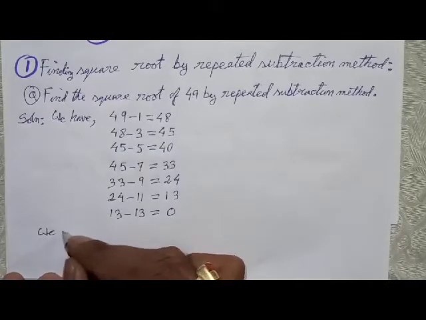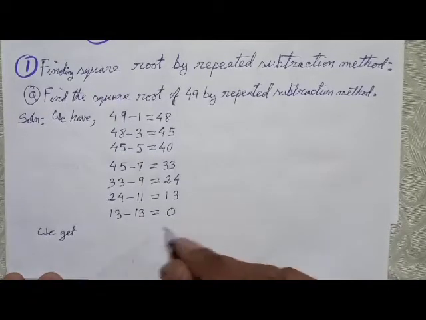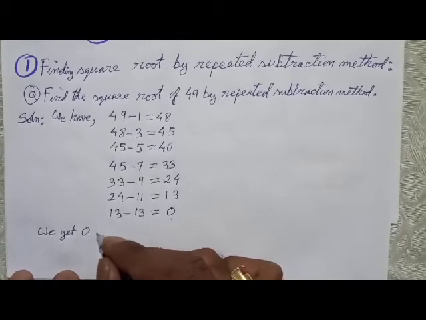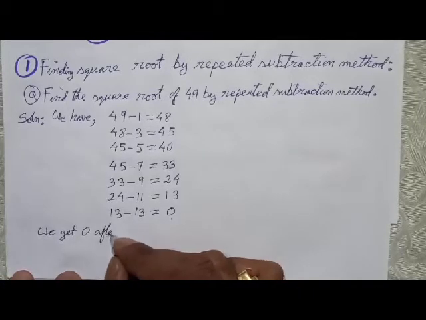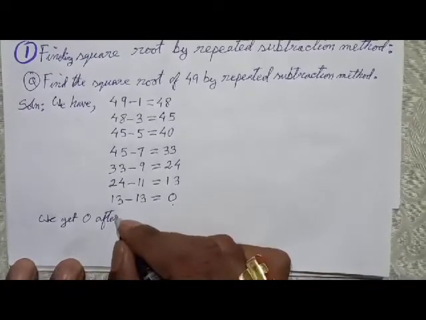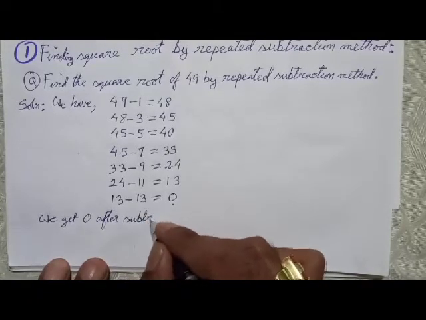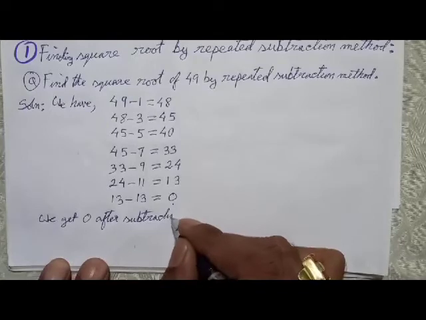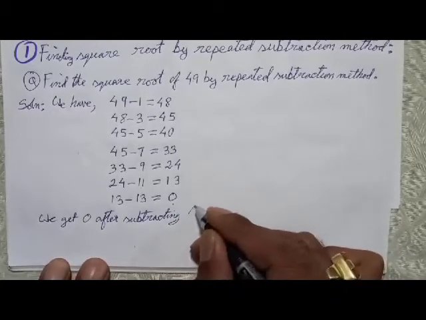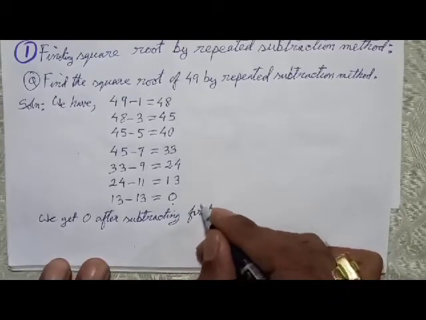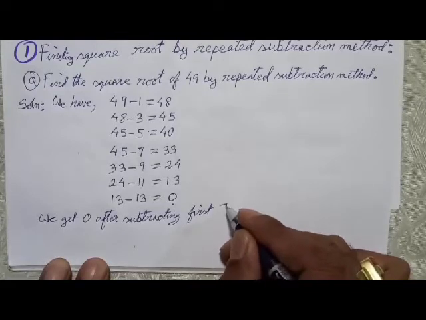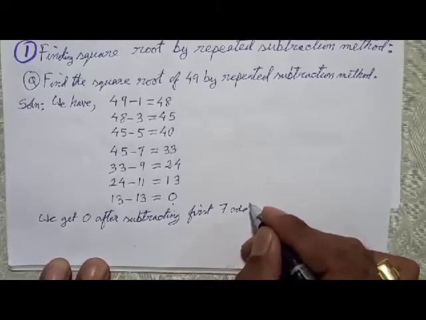We get this number 0 after subtracting first 7 odd numbers.